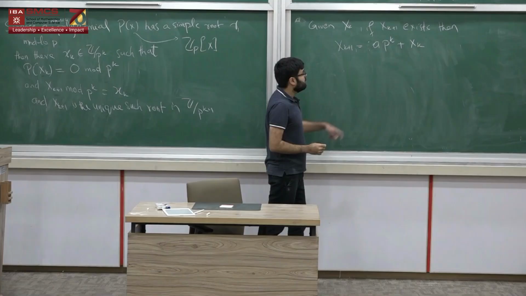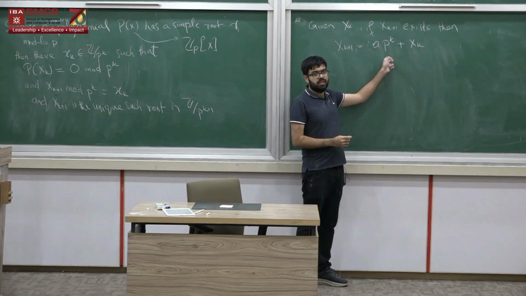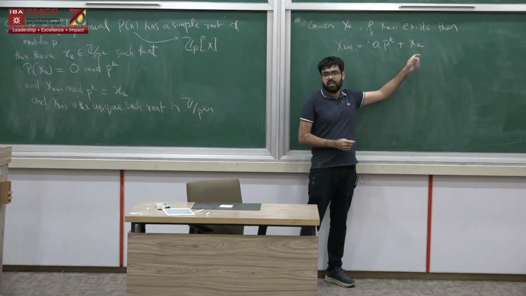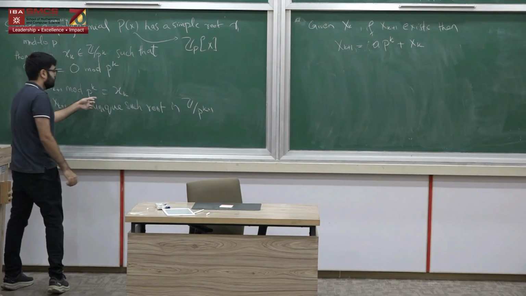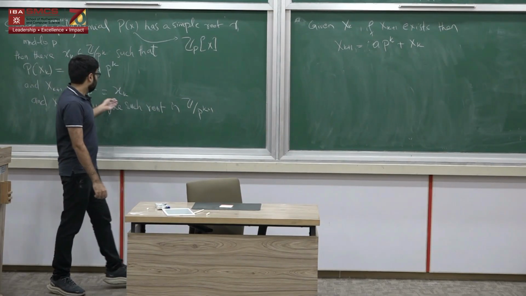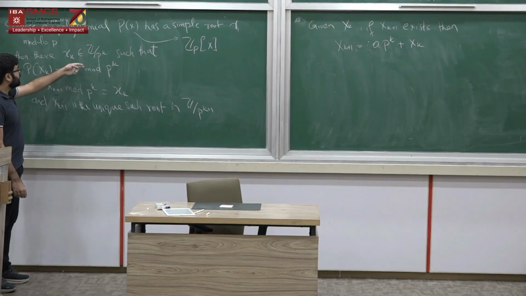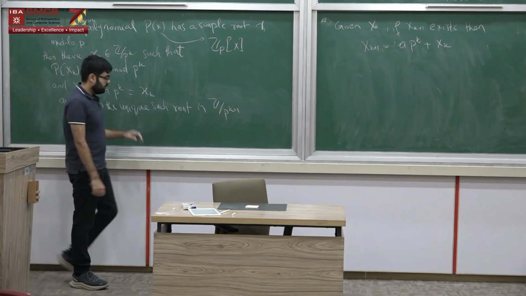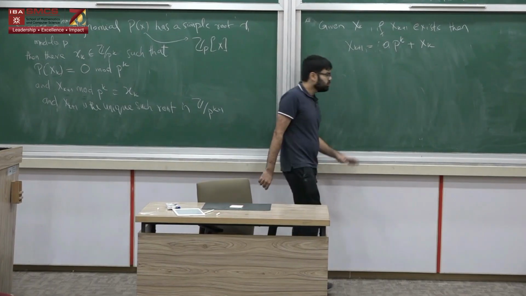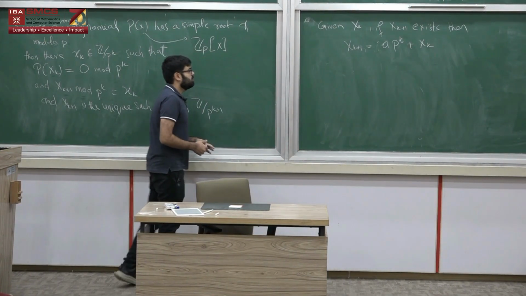So if I reduce this mod p to the k, this will disappear. I will be left with xk. And I'm just using this property because I want to show that there is a unique root with this. Uniqueness I don't need to show, but it will be there anyway.